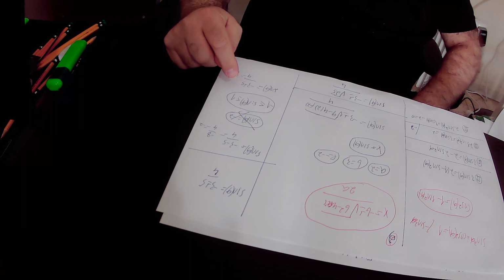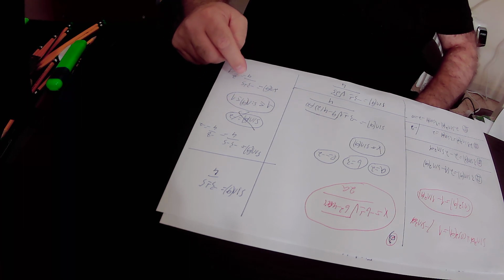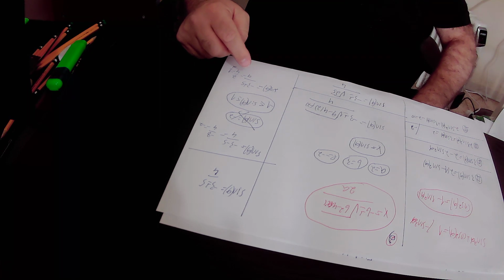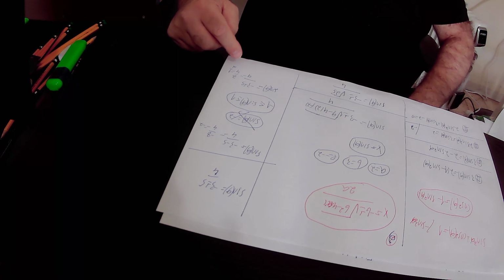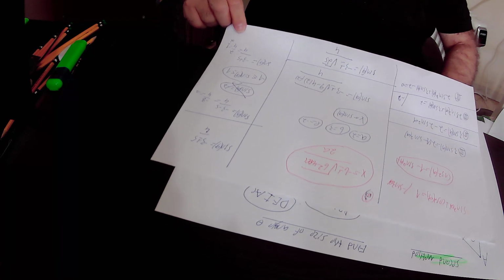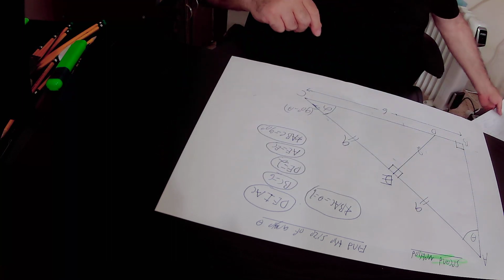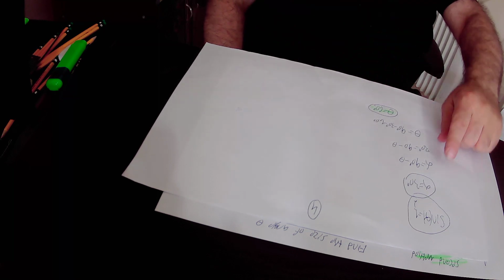Okay, so we cancel this solution and we are left only with the second solution, that sine alpha equals minus 3 plus 5 over 4. Minus 3 plus 5 is 2, and 2 over 4 is 1 over 2. So we found out that sine alpha equals 1 over 2.